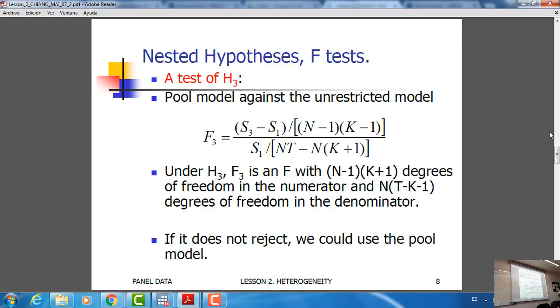That is the pool. This type of test is readily available in Stata. Those tests are most of the time printed in Stata. The only problem is that you don't pay attention to them because they are in the lower part of the screen, but it doesn't matter. They are there. You can use them if you want.